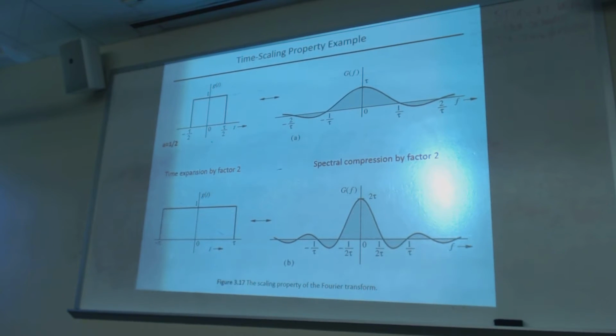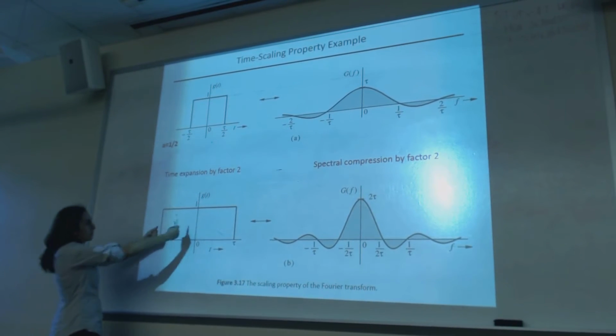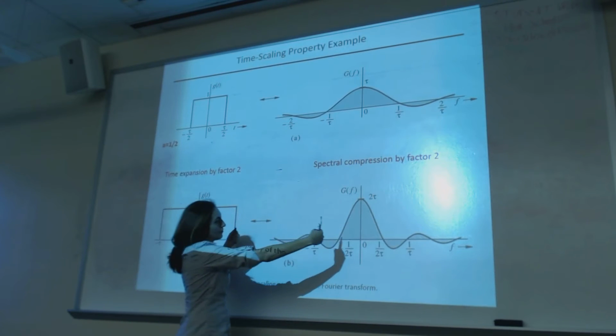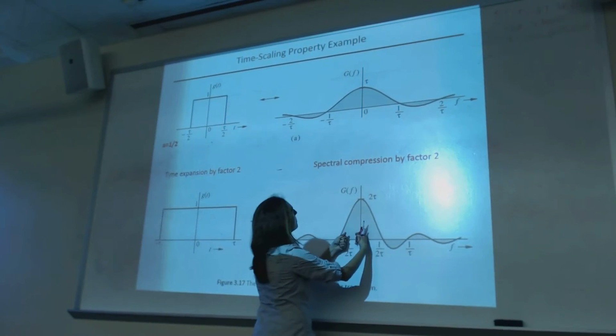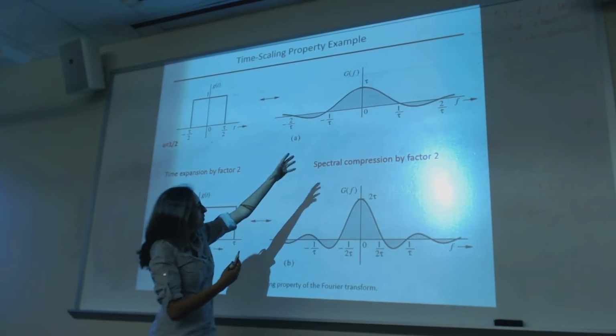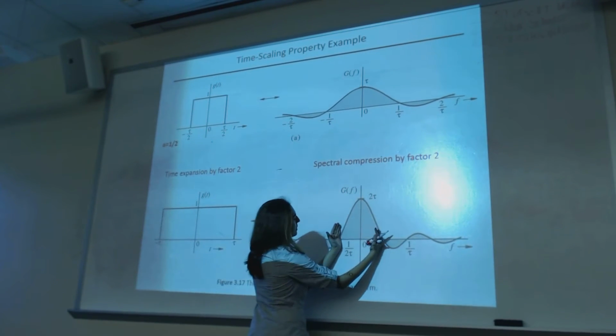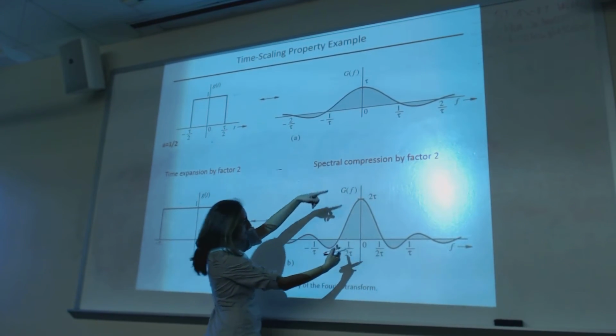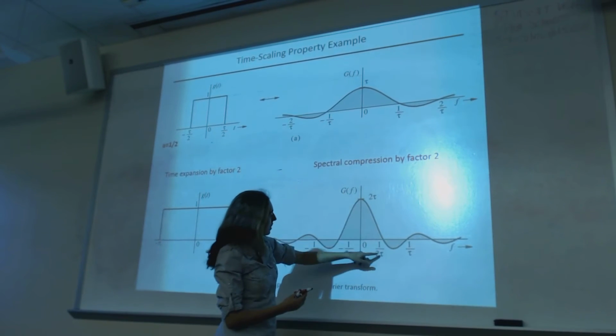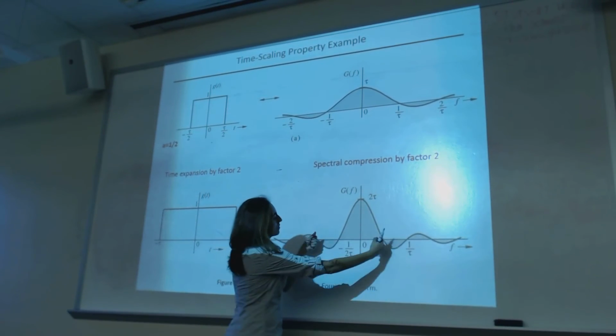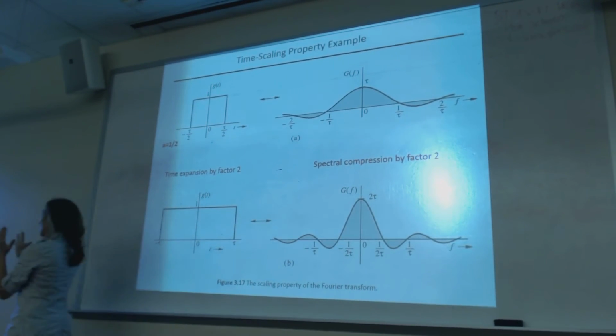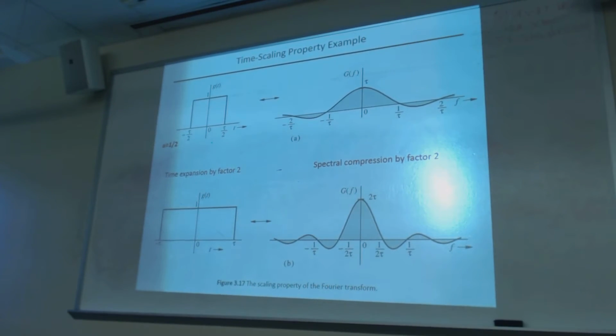Very good. By a factor of 2, in the time domain I stretch. So in the frequency domain, the same factor of 2 is gonna be compressed. So that's why you see a narrower pulse here than there. Instead of 1 over tau, I have 1 over 2 tau. It's much lower frequency.